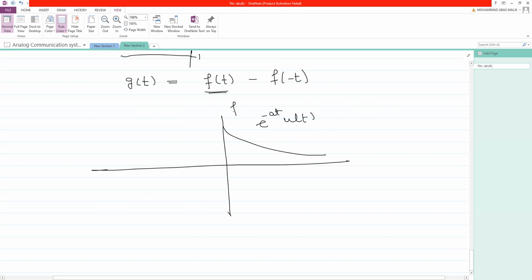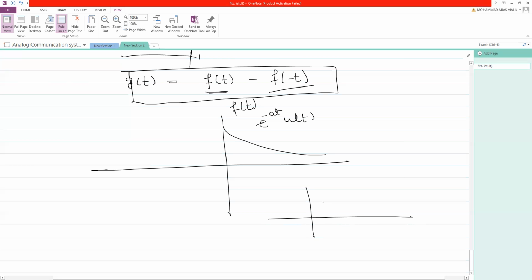Since we are running out of time, this cannot be done in today's lecture. We will do this in tomorrow's lecture, but you just see f of t is this. Subtract f of minus t from it, then tell me the value of g of t. This is also your assignment.